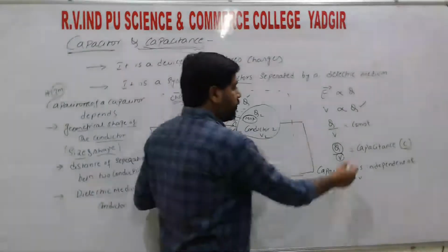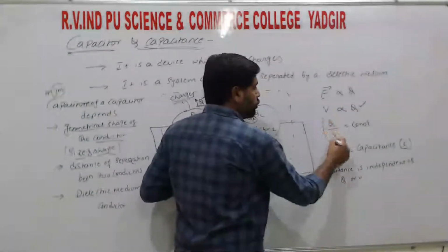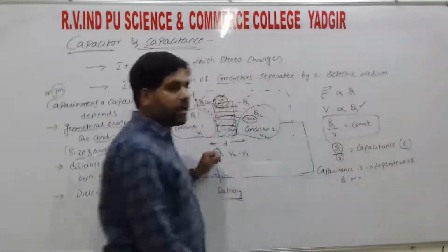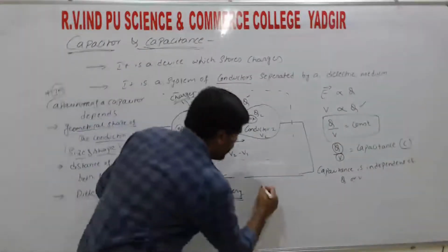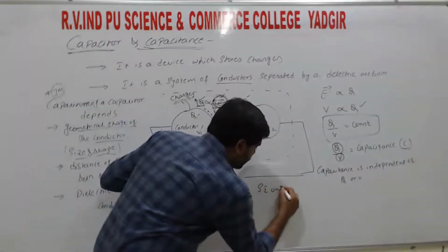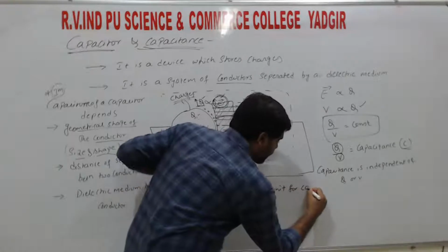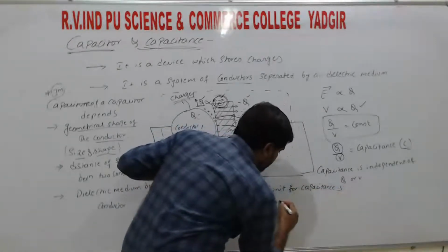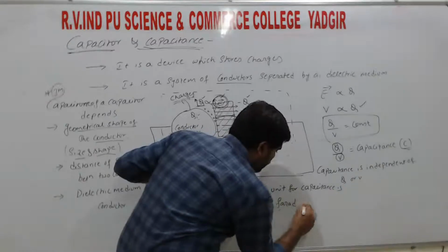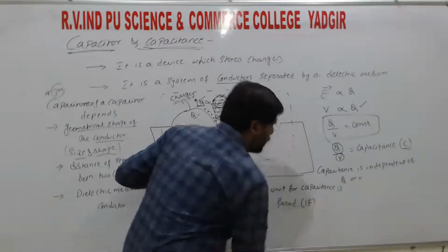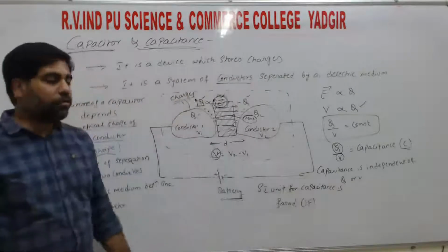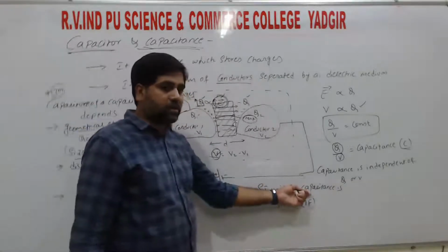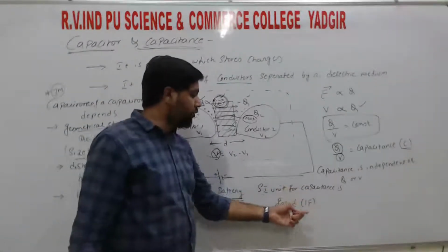So this is about the capacitance. Next we have the relation C equals Q by V, and it has a unit, right? The SI unit for capacitance is farad, which we call F. So F gives the unit of capacitance.